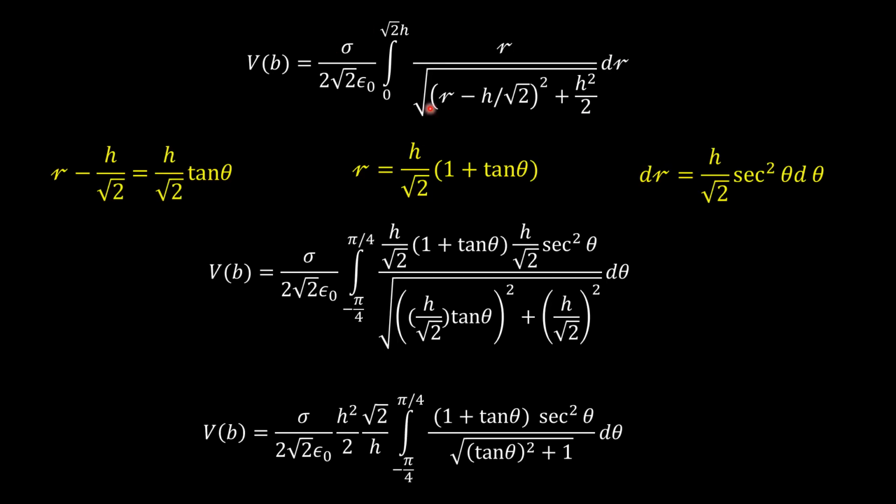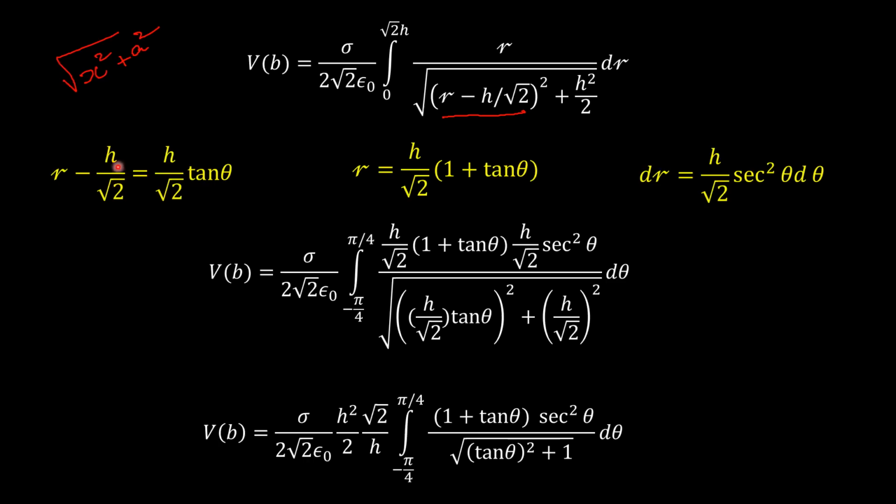Here you can see in the denominator square root term, you have one variable squared and one constant squared. If the denominator is in the form of x squared plus a squared, that is one variable and one constant, then you can make a trigonometric substitution, preferably tan theta. So now we can take these terms inside the bracket.